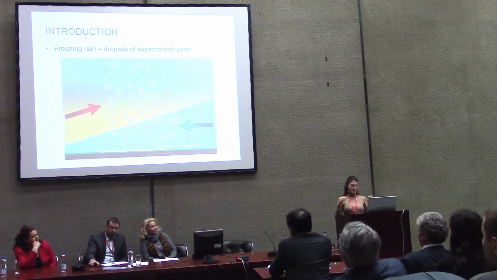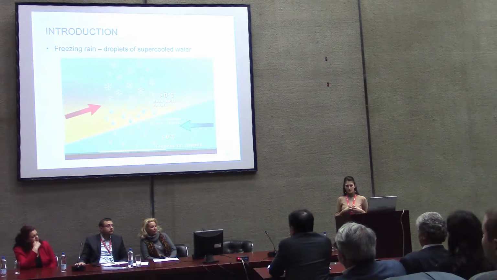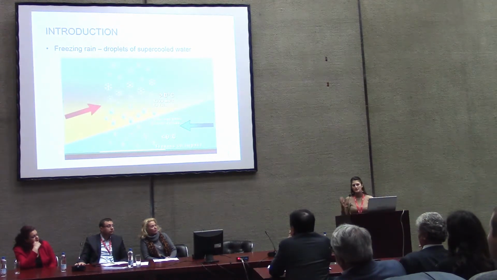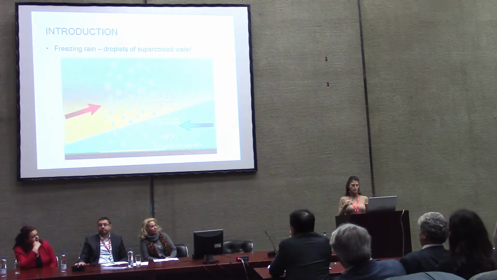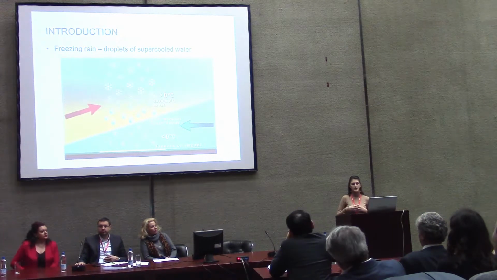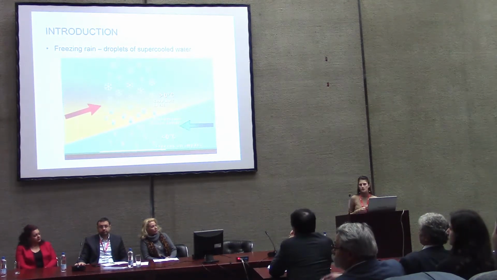Well, in a high layer of the atmosphere, due to the low temperatures, snowflakes are formed, and due to gravity, they fall down. They have to pass through a layer of atmosphere where temperature is above freezing point, and then snow melts to rain.